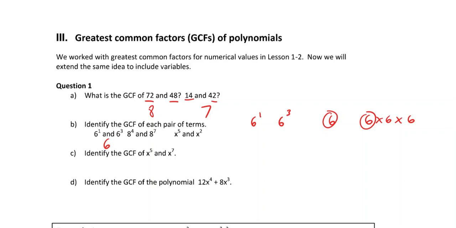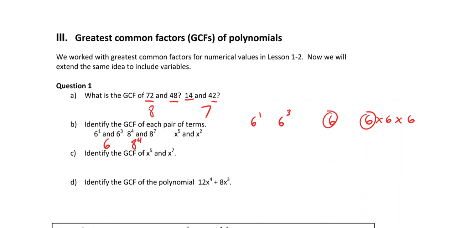And then 8 to the 4 and 8 to the 7. Anybody know, just from our last example, what would that be? Not just 8. 8 to the 4. Yeah, it'll be 8 to the 4. It's the smallest exponent when we start talking about exponents.